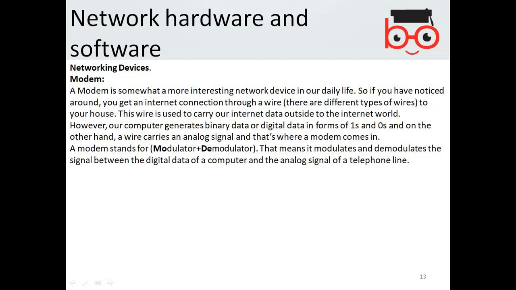So, anything which travels on the wire is analog, and your computer is digital. So how does the digital data of your computer travel into the cables, which are basically analog? I hope you are able to understand the difference between analog and digital.